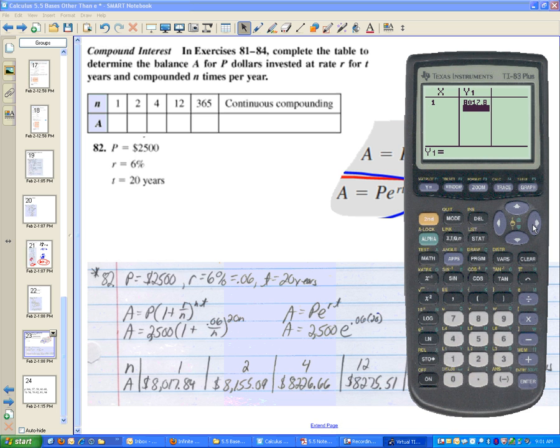Can I tell that to give me more decimals? Yeah, there's probably some way somewhere. 2,500 times, uh-oh, I'm not getting the same thing.